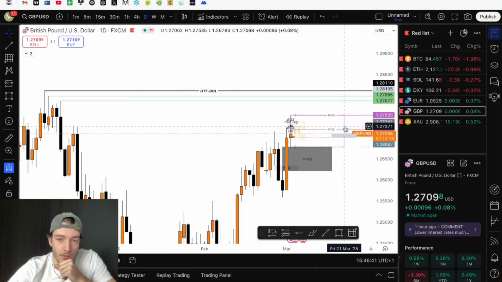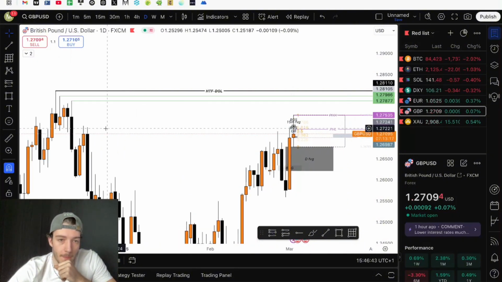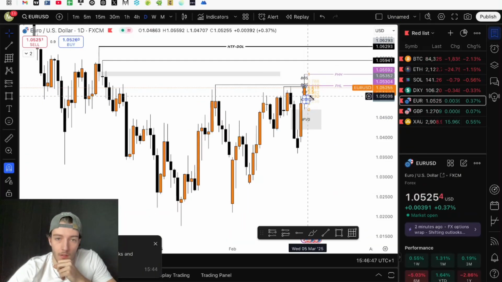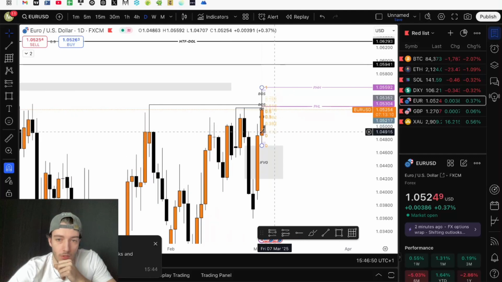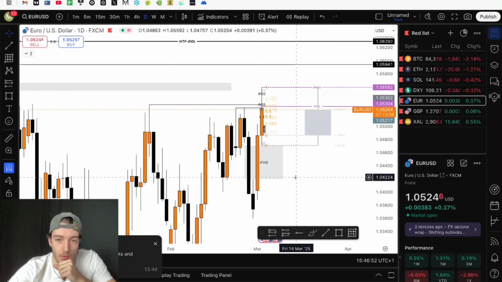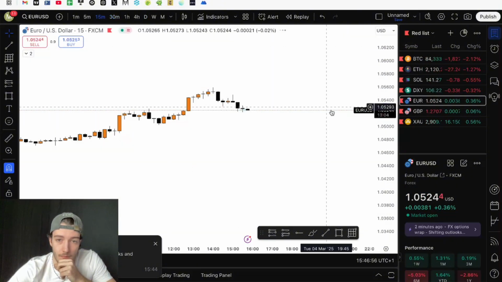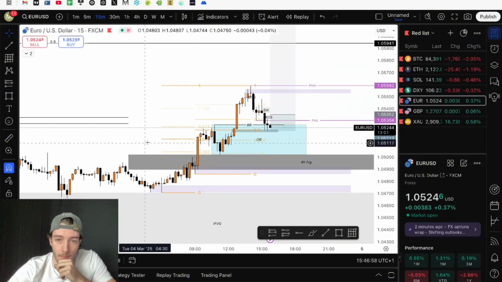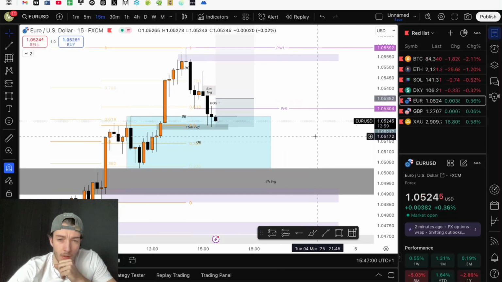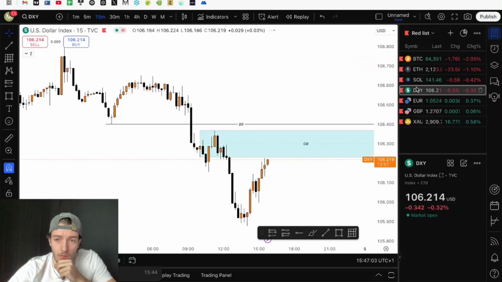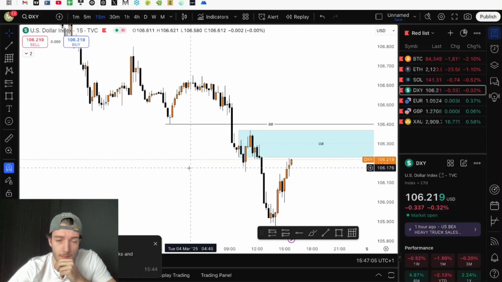Hopefully we're not gonna continue to the downside, and this won't be just a sweep of these daily highs. Same for the Euro. Hopefully we won't just sweep this high here and move lower. Could be the case easily. So gotta wait for more confluence.